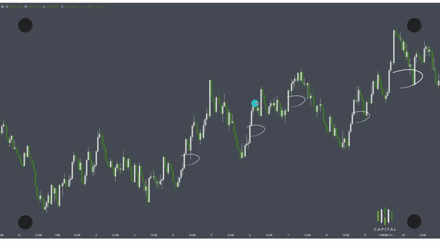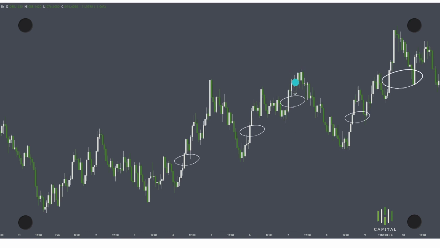Price came and tested this level and went on the upside. This on its own is a trade, and then price came at a later stage to fill up this gap too and found support on the low of this fair value gap and continued on the upside. So we can utilize this as a trade.